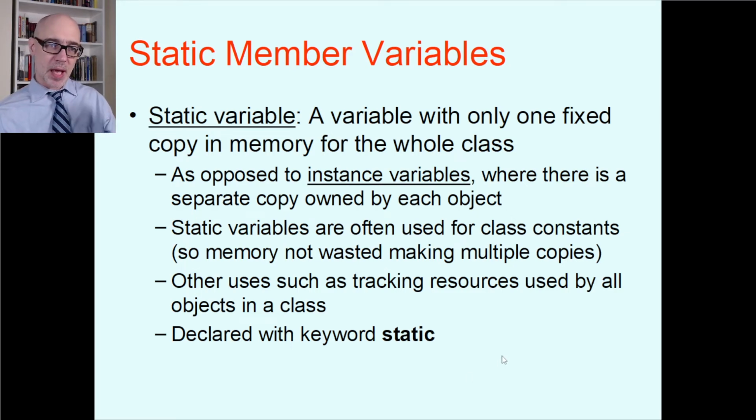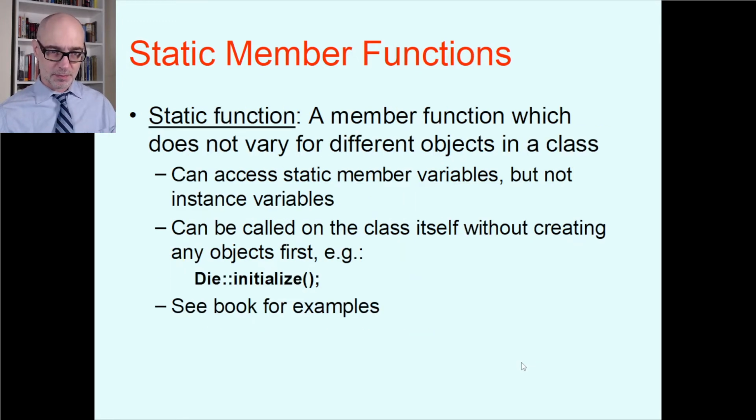Now, in addition to static member variables, you can also make static member functions. Let's look at that. So a static member function is a member function, kind of same theme here, which does not vary for different objects in a class. So at least conceptually, we usually think of the member functions in a class, each object having their own version of that.